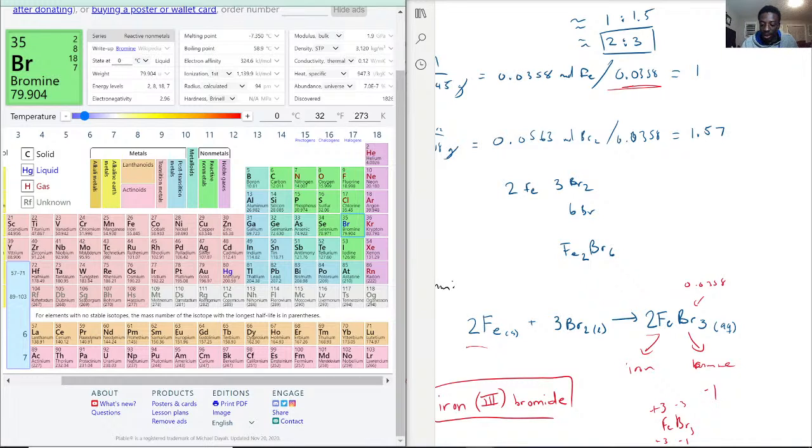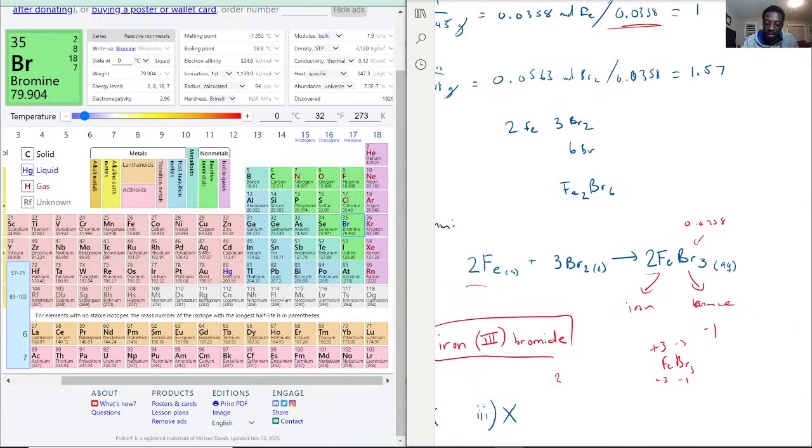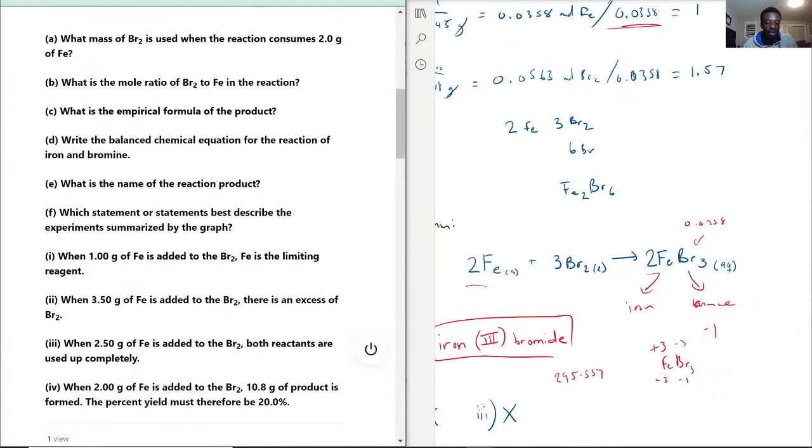That's a big molar mass of 295.557. Now we multiply that by the 0.0358 to see how much we would actually get. Theoretically, we get 10.58.